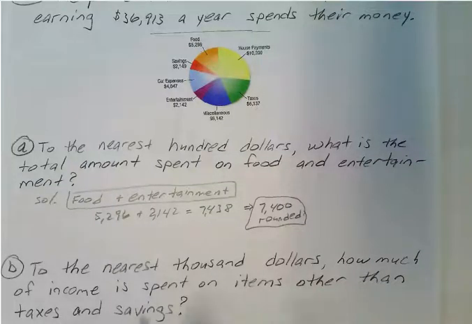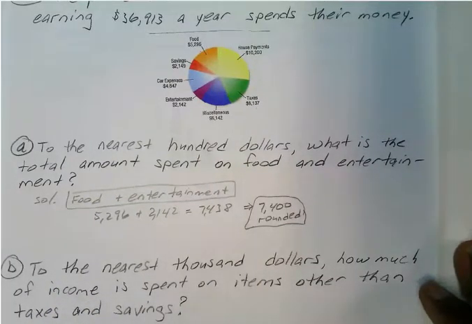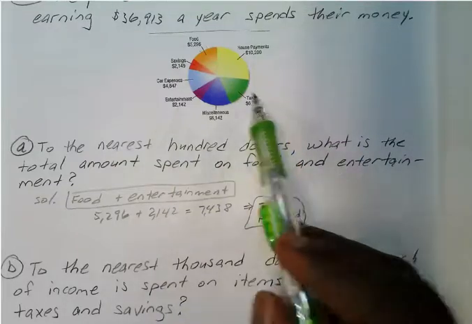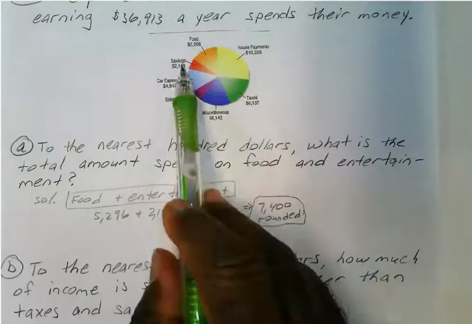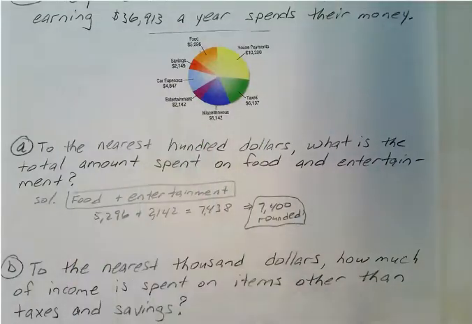Okay, so for B, you have to the nearest $1,000, how much of the income is spent on items other than tax and savings. So you get taxes and savings, you kind of ignore those and you add in everything else.